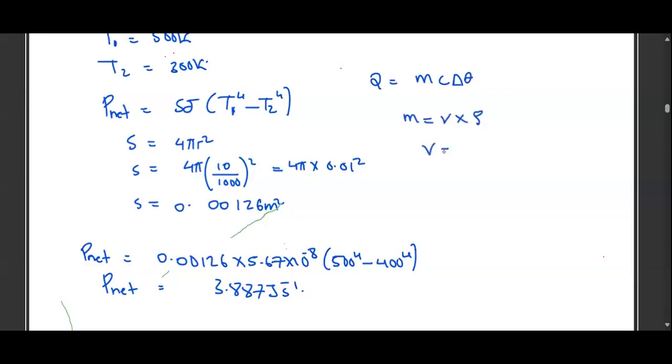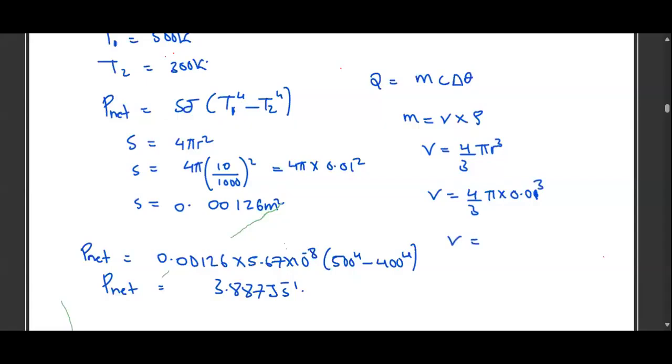Volume of a sphere is equal to 4 over 3 pi r cubed, which will be 4 over 3 pi times our radius, 0.01, cubed, to come up with our volume.